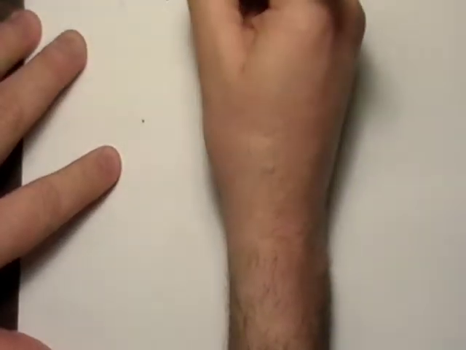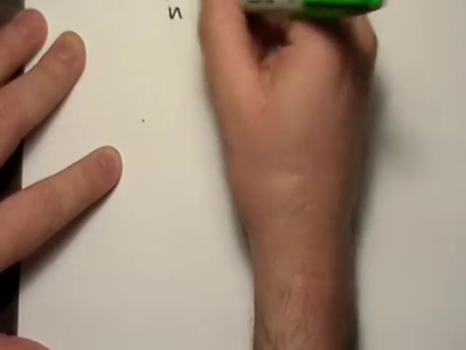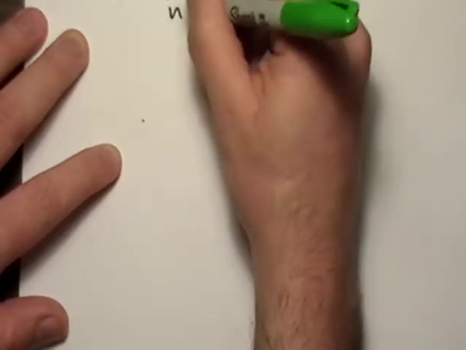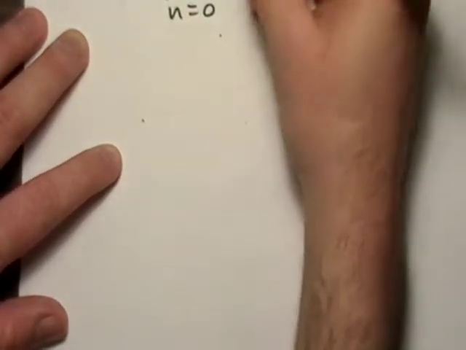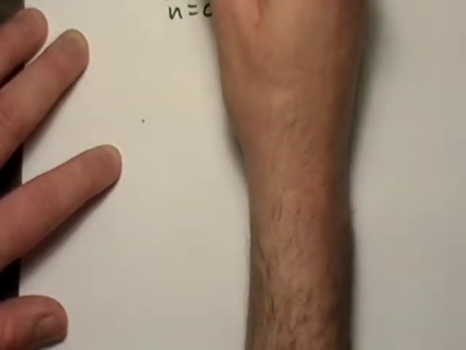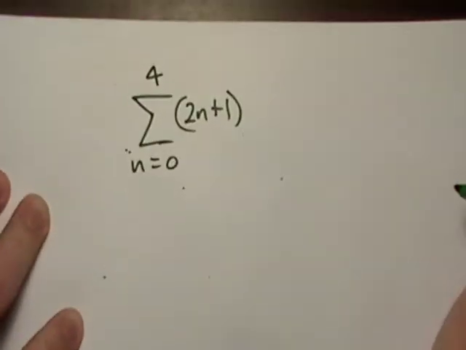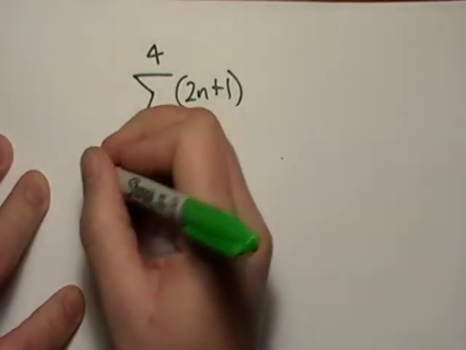Okay, let's do another example real quick. Why not, right? So here is an example, and I'm going to use 0 this time. I'm going to go 2n plus 1, and we're going to go to n equals 4. So how would we tackle this one?